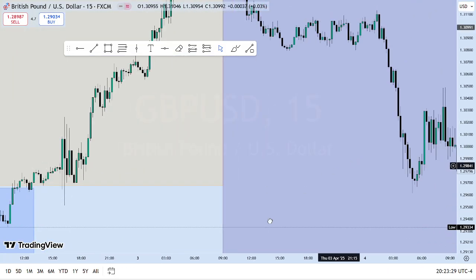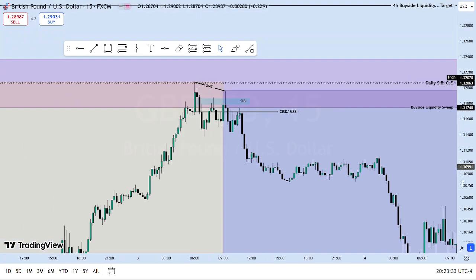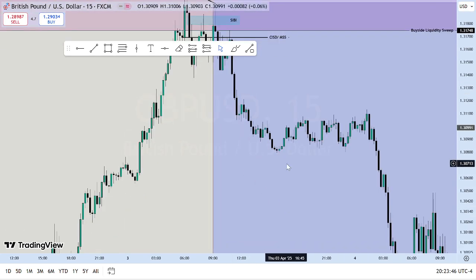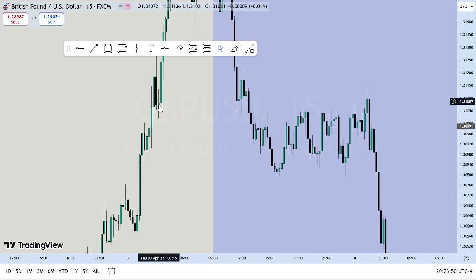you can see the sweet price delivery there from the high there, from the high there at this CB. Then change of delivery, the high of it, price was trading down. Also a breaker, there is a breaker.